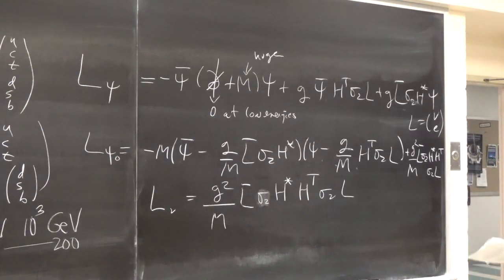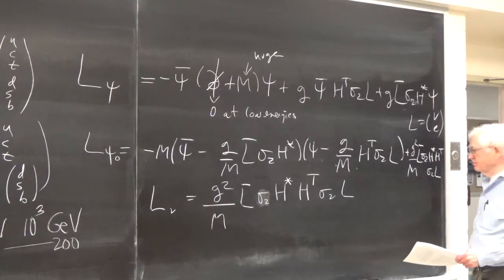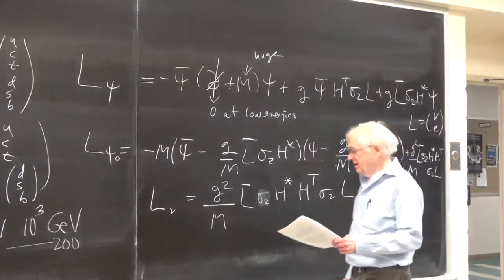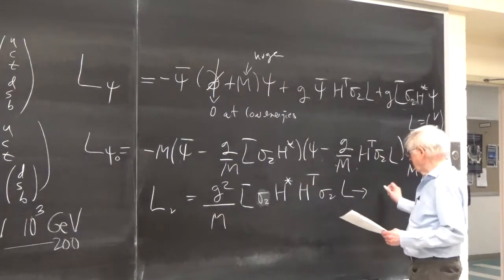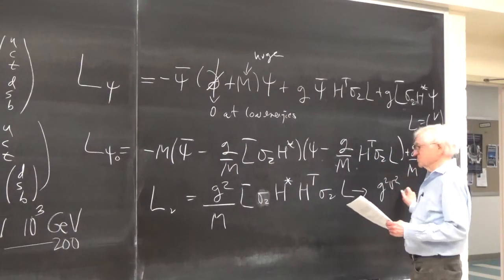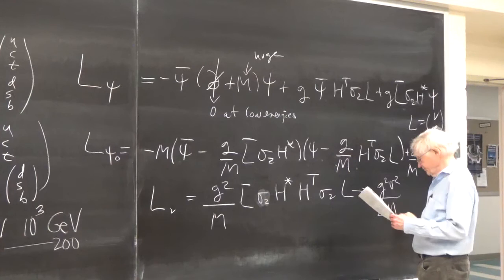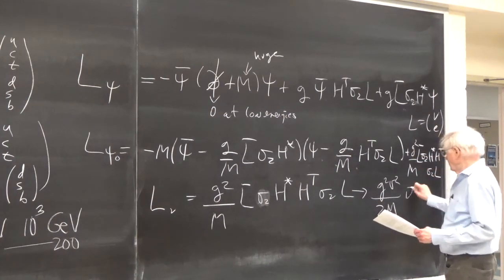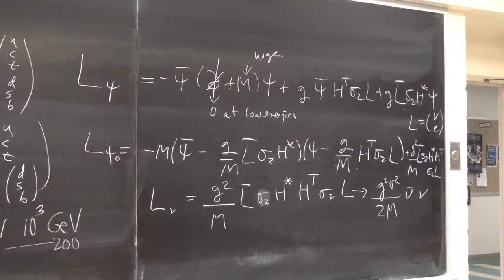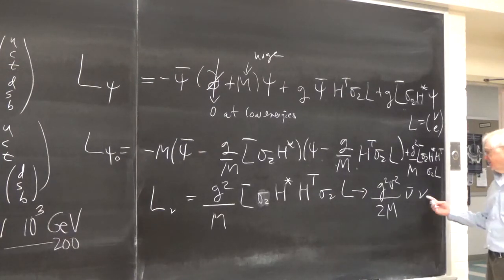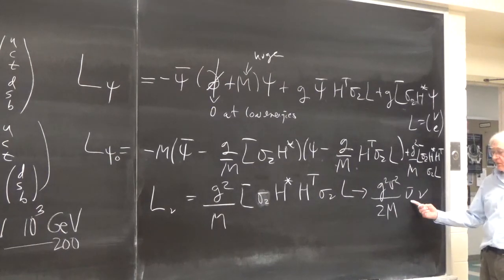And now, if we take the mean value in the vacuum of the Higgs field, this turns into G squared V squared over 2M, nu bar nu. And this nu bar nu, if the neutrinos are Dirac fields, is a Dirac mass term.